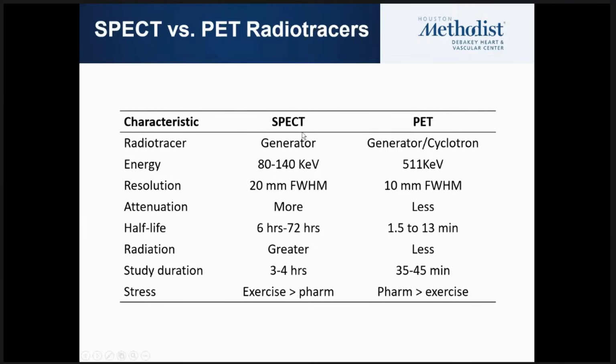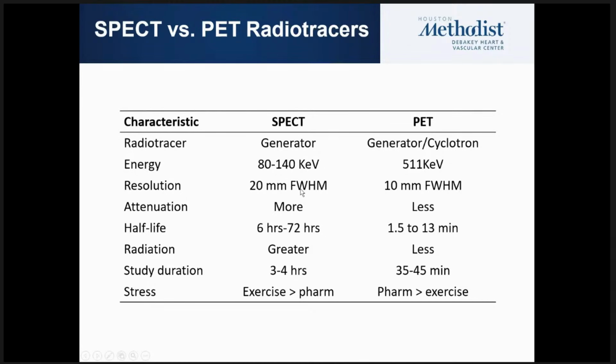In SPECT, we get the radiotracers with a generator. Here you can do some with a generator, like rubidium, while some of them will require a cyclotron, like ammonia or FDG. The energy, we covered, is between 70 to 140; we're using a much higher one here. The resolution, Dr.